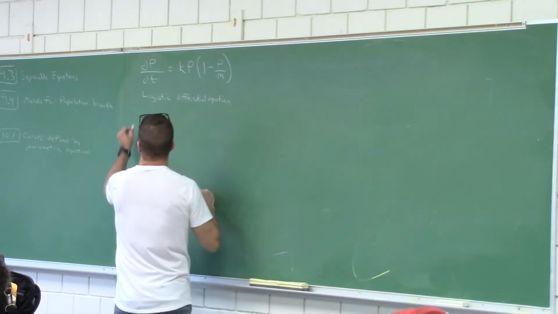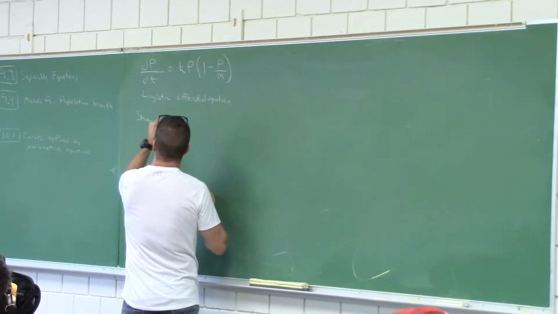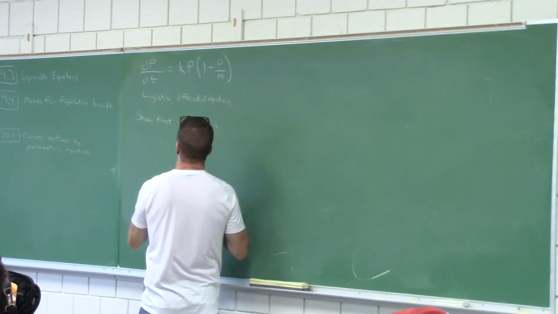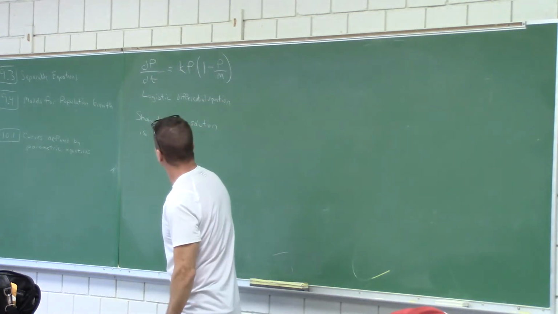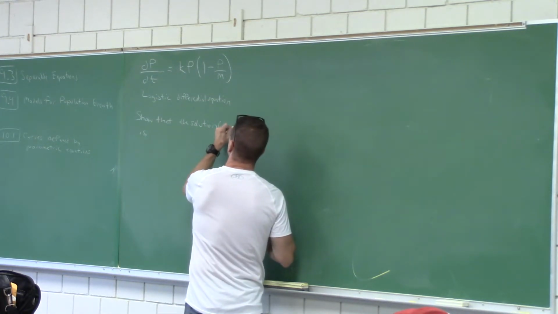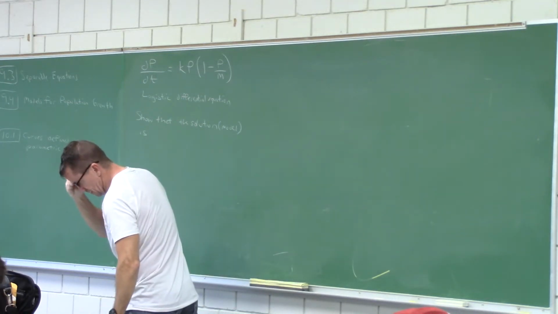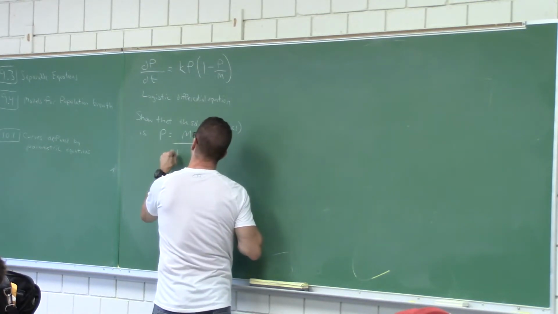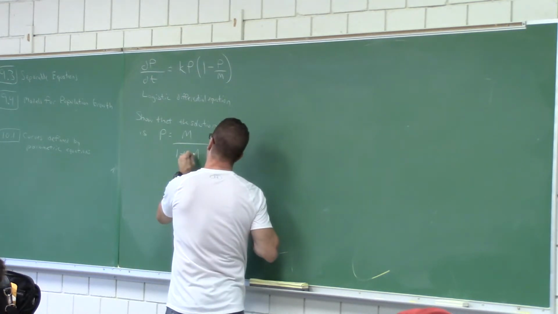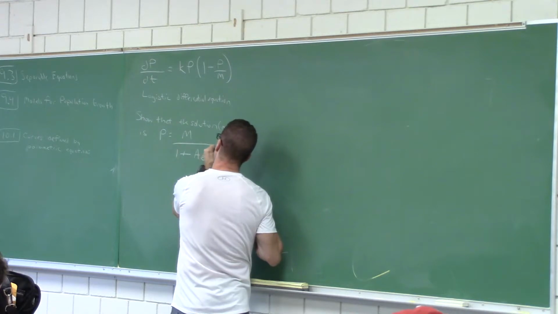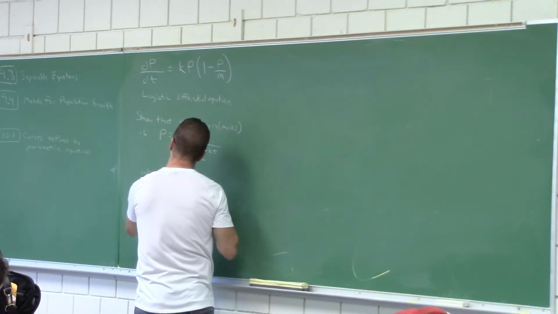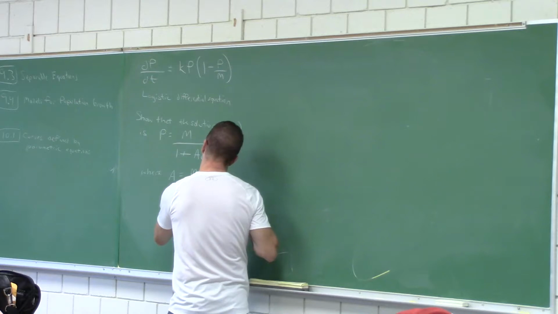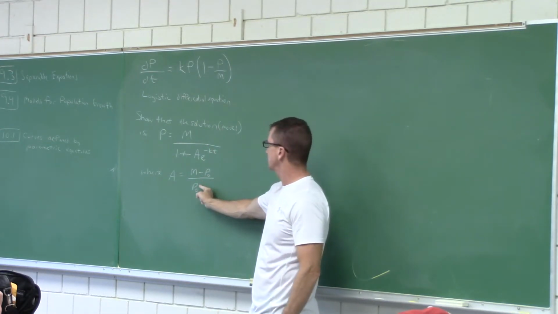Can you help me show that the solution that models this, I'll just put the model, is P equal to M over 1 plus A e to the negative kt, where A equals M minus initial P over initial P. Those P naughts that I wrote are just initial populations.